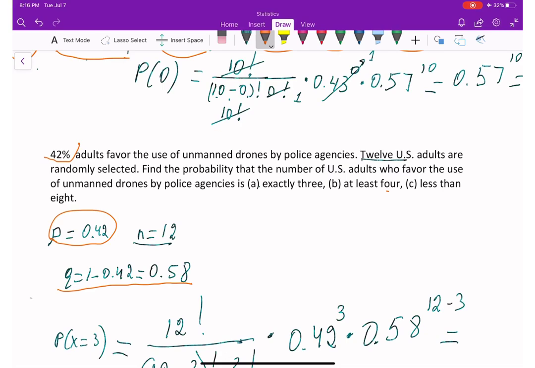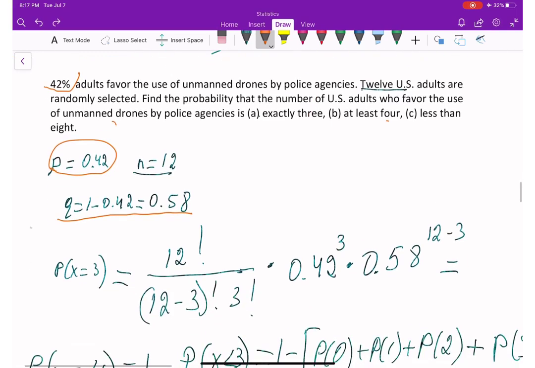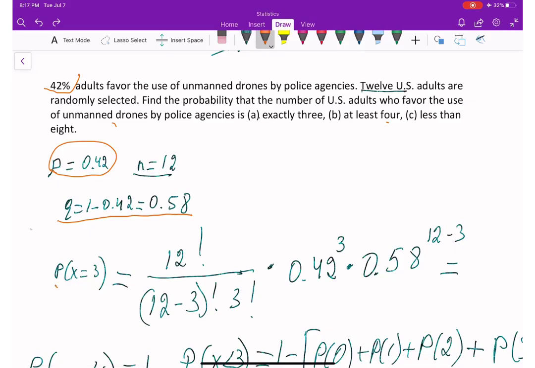So find the probability that the number of US adults who favor the use of unmanned drones by police agencies is exactly 3. So those are the same problems. Exactly 3. Plugging in x equal to 3. Sample size is 12. 12 minus 3, and then factorial 3.